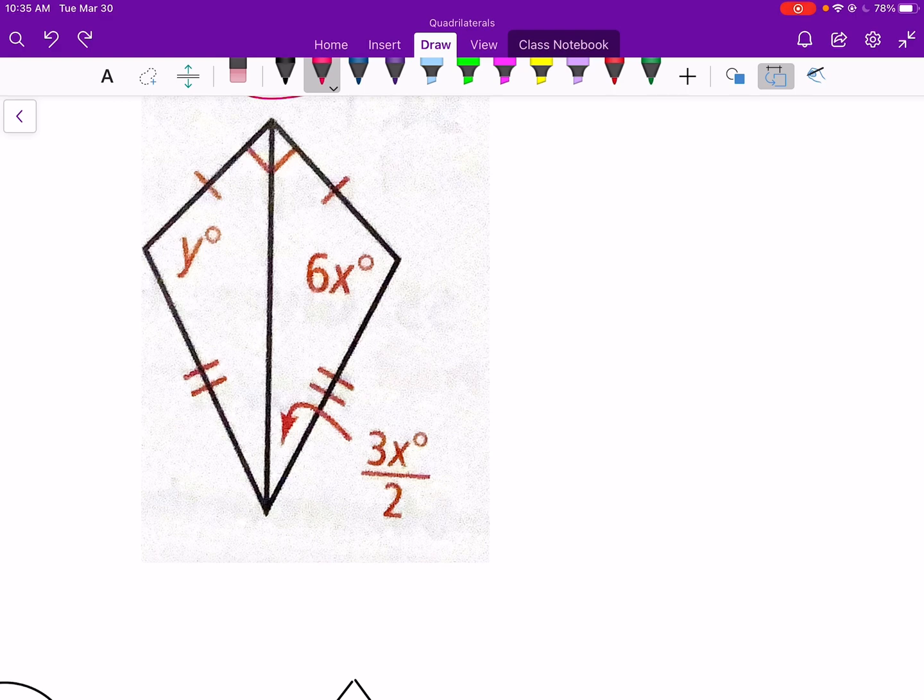First thing we need to notice, this whole angle at the top is 90 degrees. It's the two angles added together. I'm going to do some highlighting again. I know that these two triangles are congruent by side, side, side.